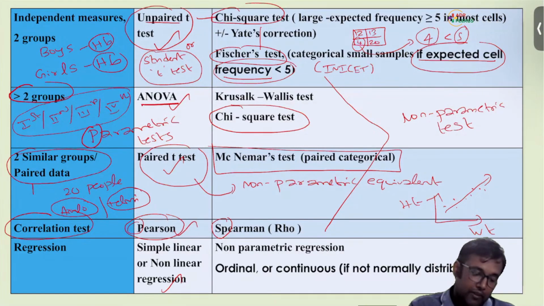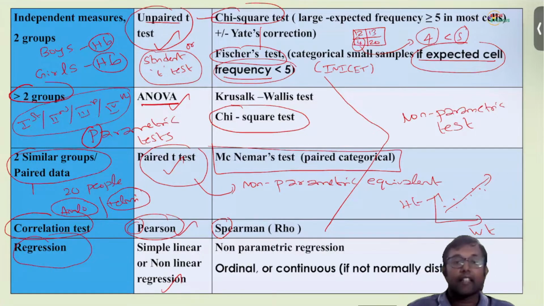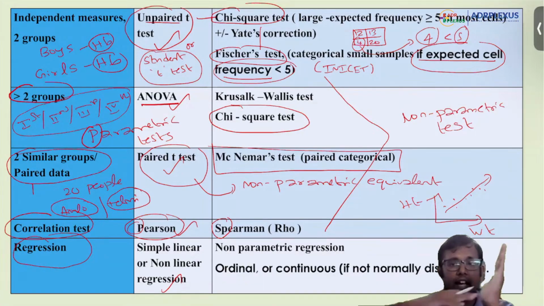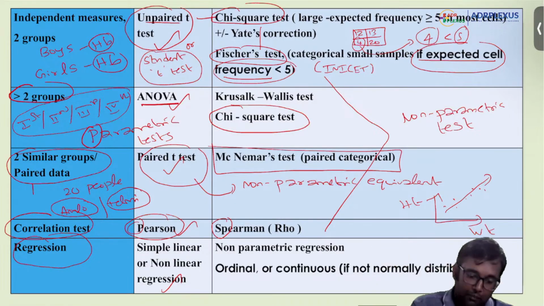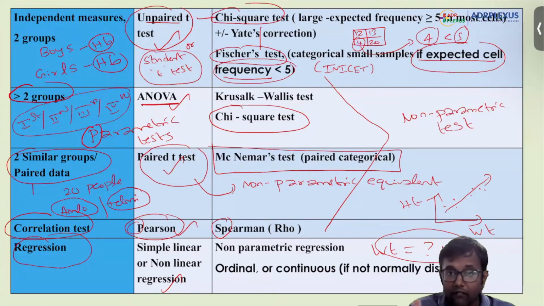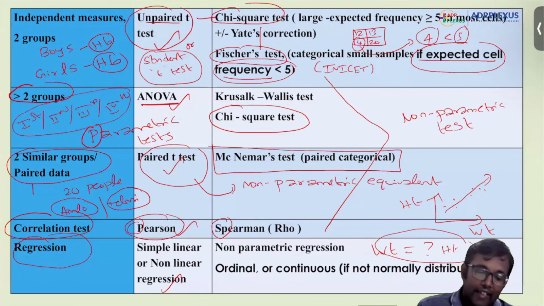Similarly, something related to correlation is regression. Correlation means telling the relationship between height and weight. What does regression mean? See, my weight is this much. Then can you tell my height? Predicting one variable based on the other is called regression. For parametric, we use linear regression.